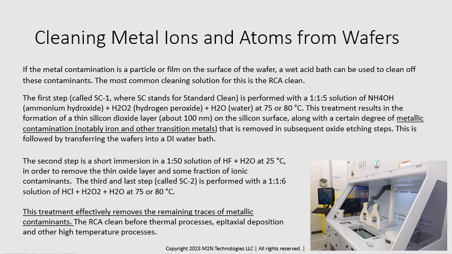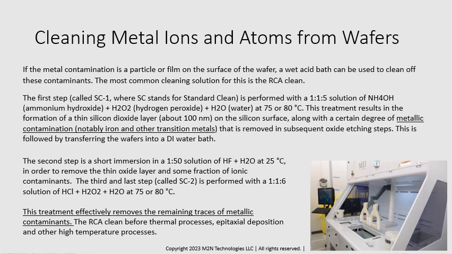A subsequent HF step will etch that away and clean any residual transition metal or alkali metals off the surface of the wafer. That's a very effective technique for dealing with incidental contact, like a scratch or some sort of particle, from contaminating a wafer during a high temperature step.